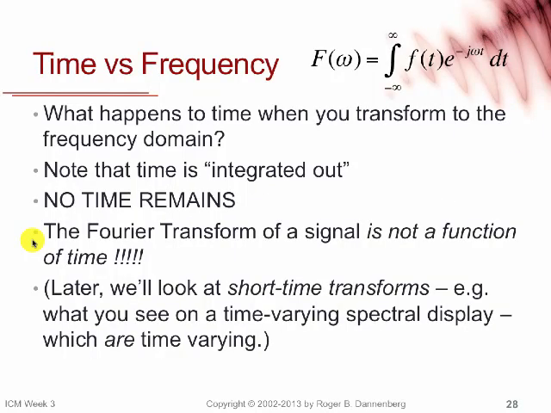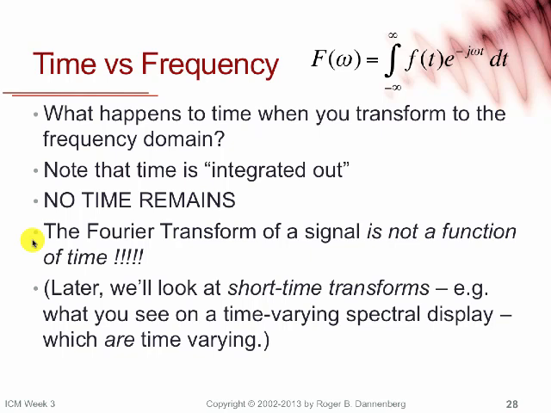So I want to say this again, that when you transform from the time domain to the frequency domain, you're computing this integral over time from minus infinity to plus infinity. So the time component gets completely integrated out. There's no time variable remaining.